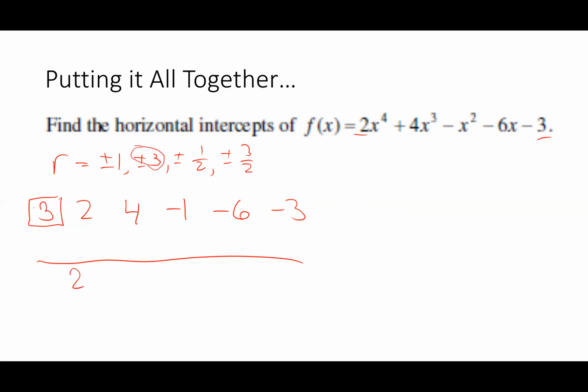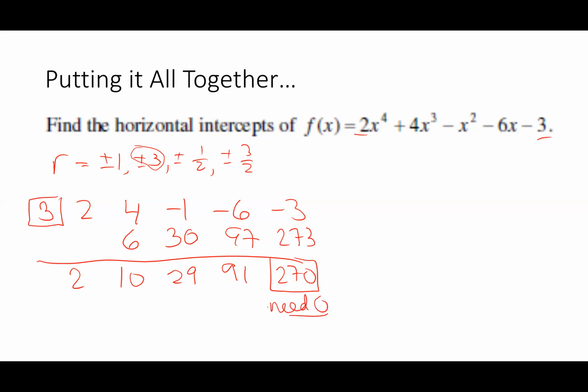So we drag the 2 down, we get 6, 10, 30, 29, then we get 97, 91, 273. Okay, so 270 is my remainder. No, what I really need here is a 0. 270 is super not 0.